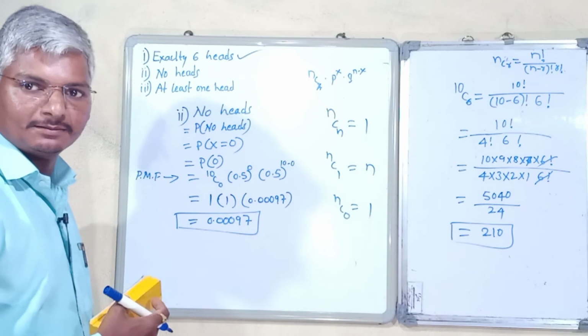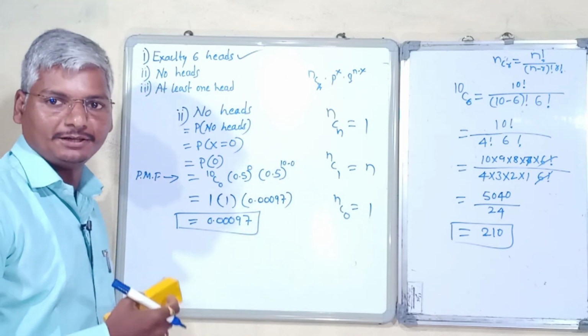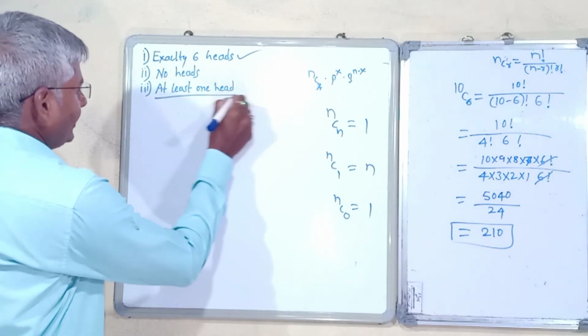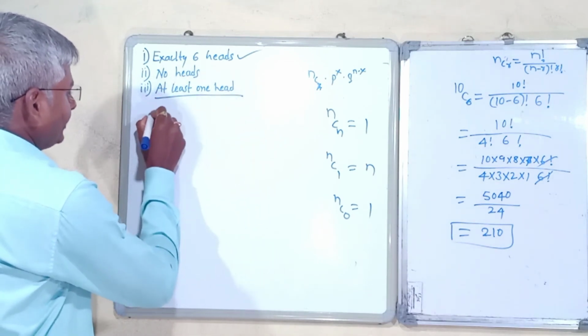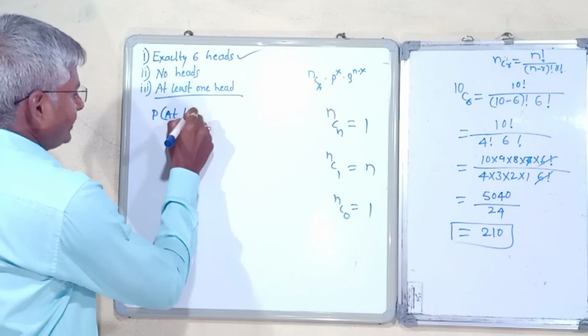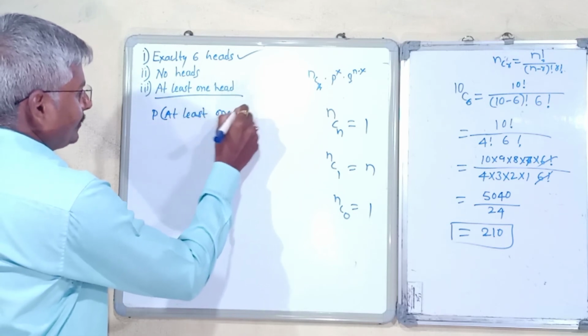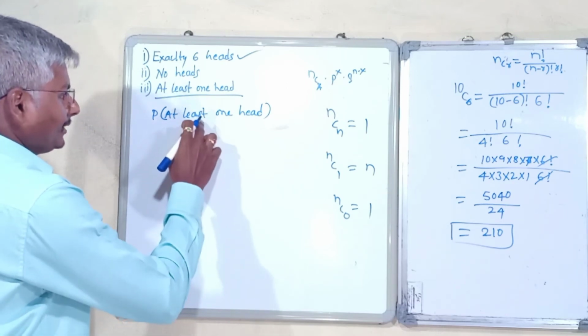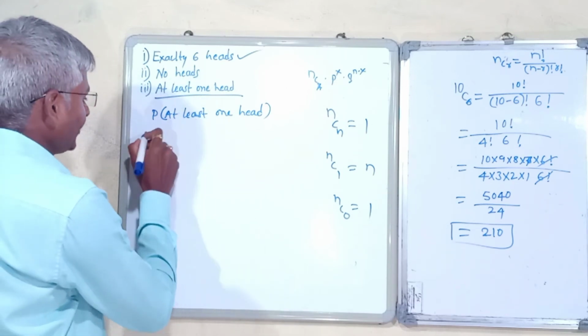I remove it. Third one, at least one head, that is probability of at least one head. Out of 10 coins, we need to find the probability of at least one head.